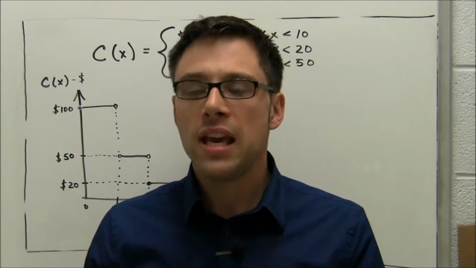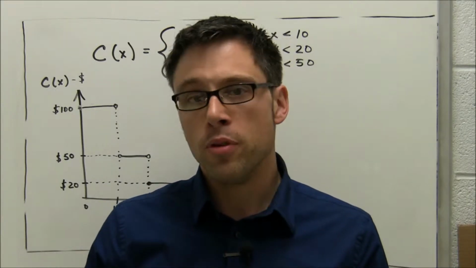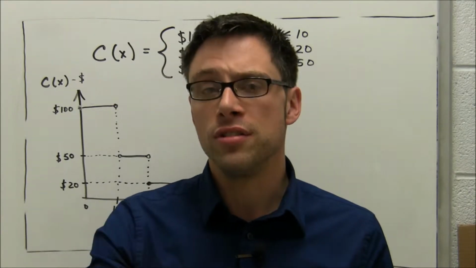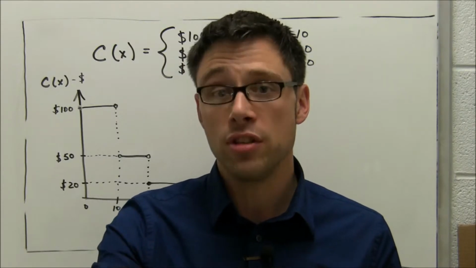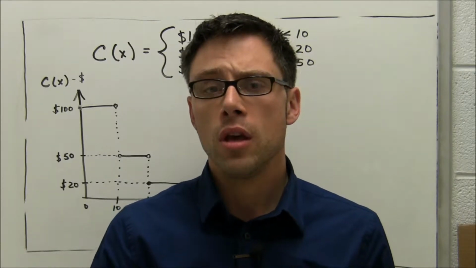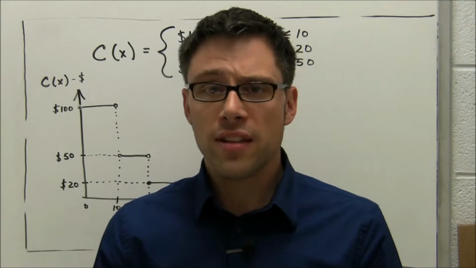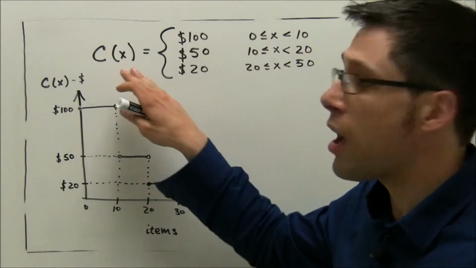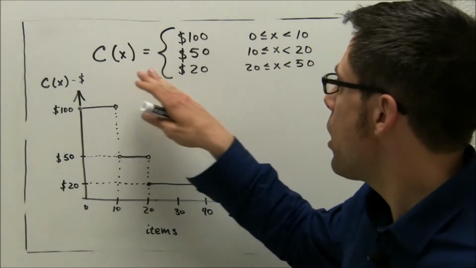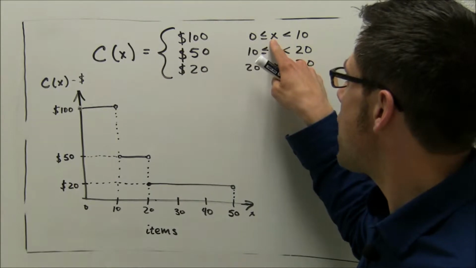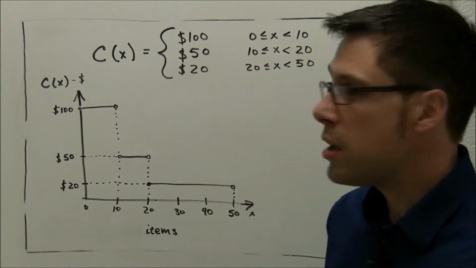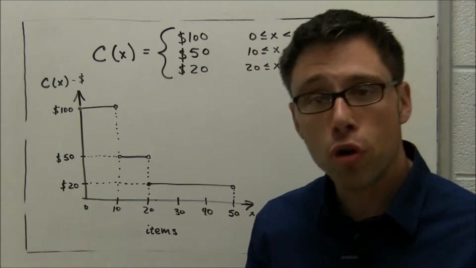In many cases, the cost of producing X items decreases with the more items that you actually produce. So in that sense, we can define a cost function, as I've done here, whereby if you produce X items between 0 and 10 items, it's going to cost $100 per item.